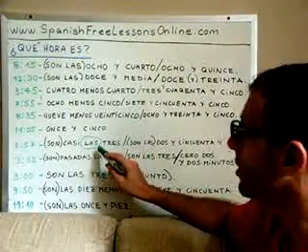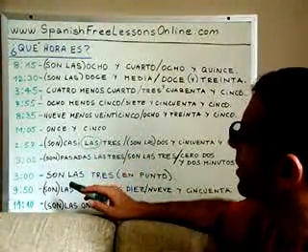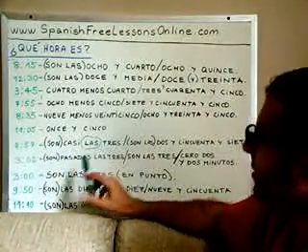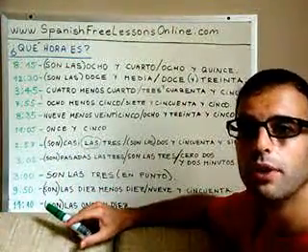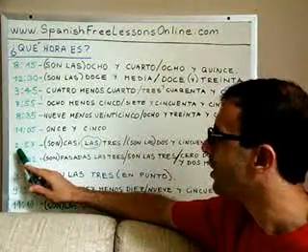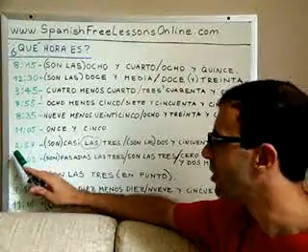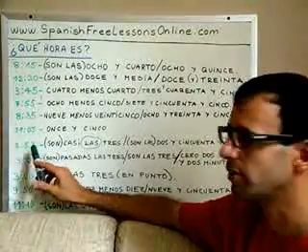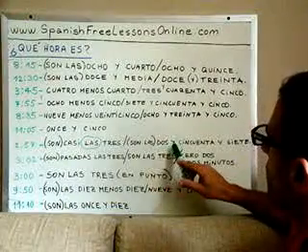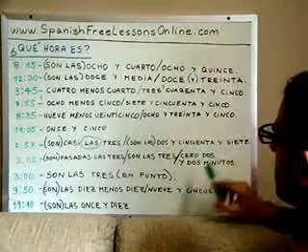Since 3 is plural, you use a plural article, las. So, son casi las 3. It's almost 3. Or you can simply say las dos cincuenta y siete, for it is 2:57. Son las dos cincuenta y siete.